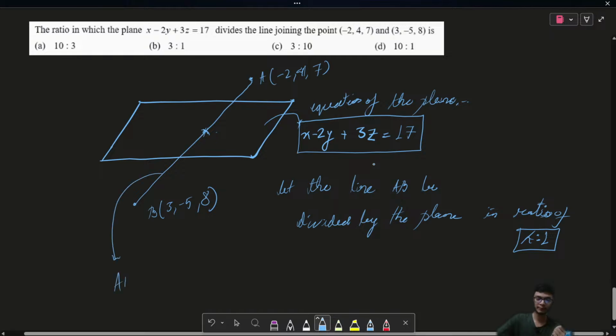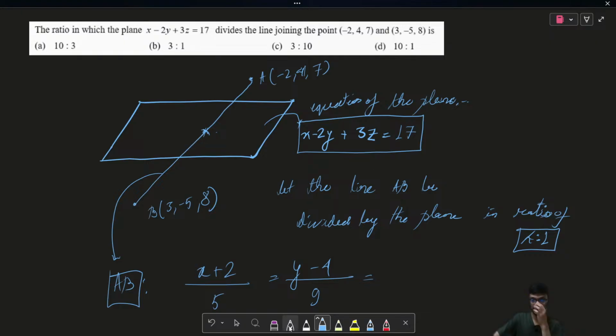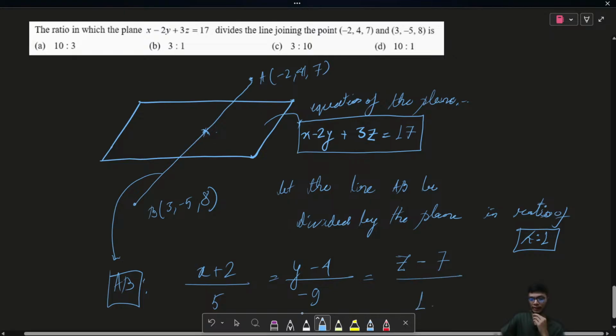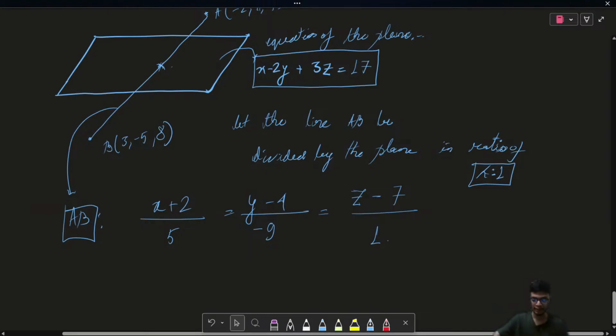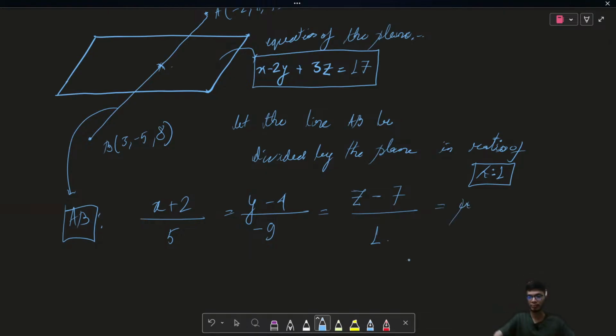So the equation of this line AB can be given as x minus of minus 2 divided by 5 is equals to y minus 4 divided by minus 9, and then z minus 7 divided by 1. So this is the equation of the straight line AB, right? And let us assume this as some mu.